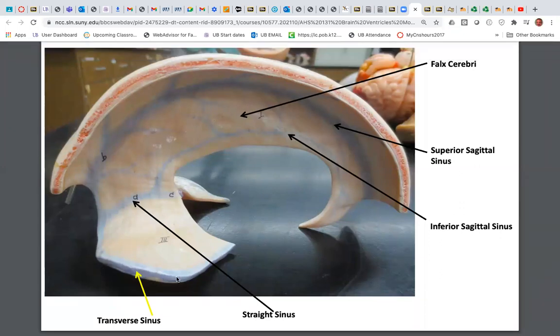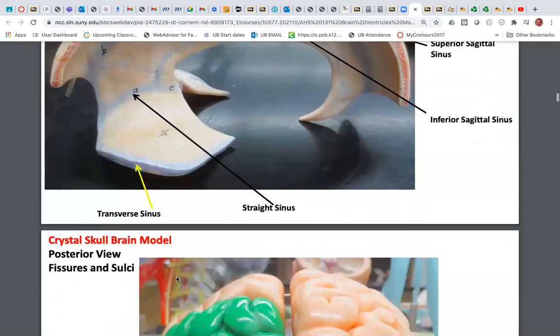These blood vessels will drain deoxygenated blood eventually into the jugular vein. And the jugular vein will find a way of bringing that blood back into the heart. The heart will find a way of pumping that deoxygenated blood to the lungs to pick up oxygen. That's the basic concept there.